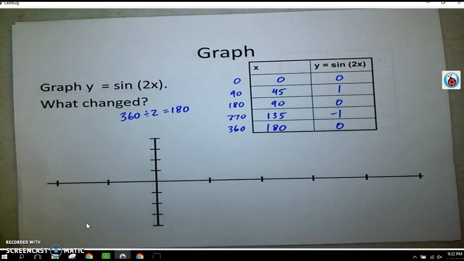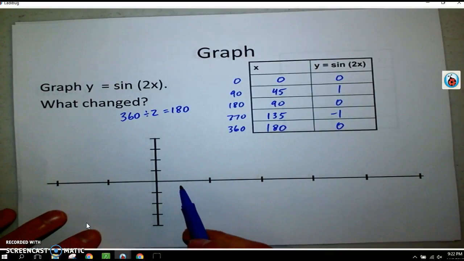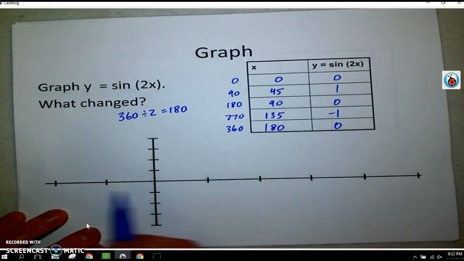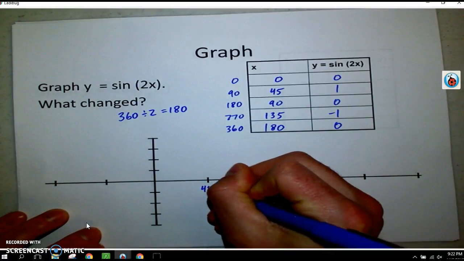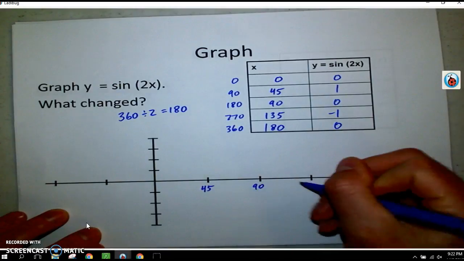So let's go ahead and label our axes like so. I'm going to just use the markings that are here. And so I need to count by 45s this time.